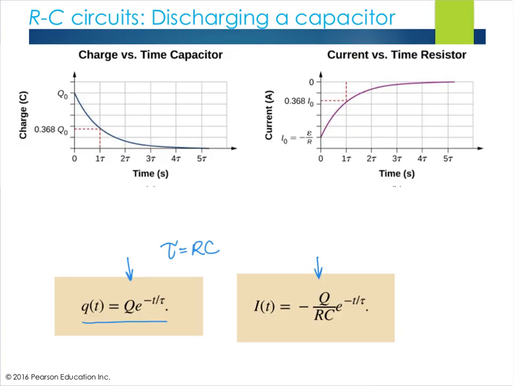Because the current flows in the opposite direction when the capacitor is charging up and when it's discharging, we choose to say that when it's discharging, the current is negative. It does have an initial magnitude of E over R. Remember, this is the EMF of the battery, which is how the capacitor was initially charged.